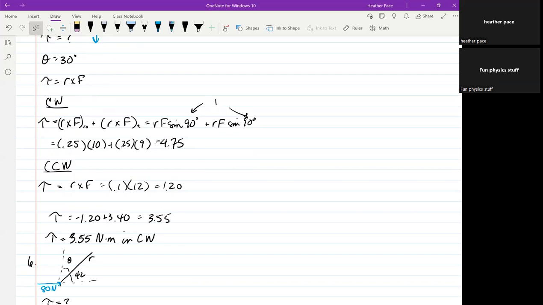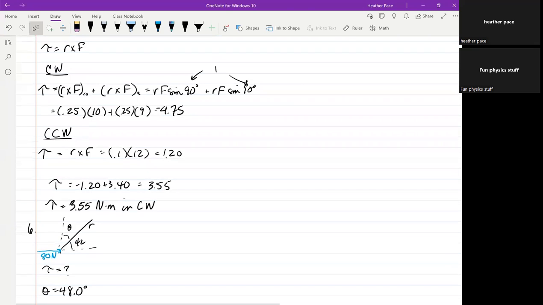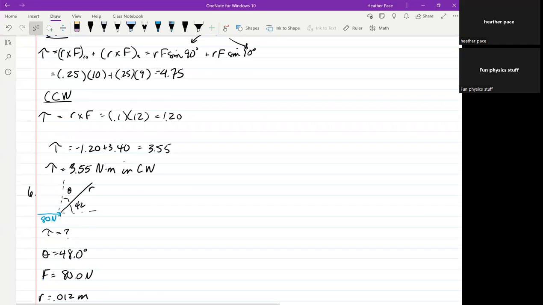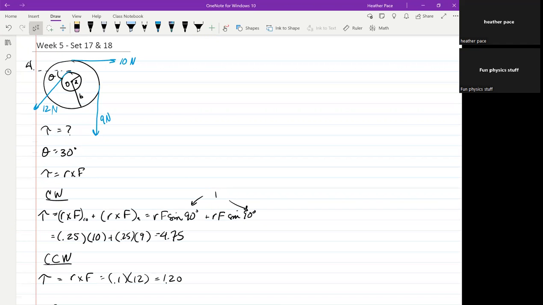All right, now let's figure out what tau is in the counterclockwise direction. This one I really struggled with. I thought, man, did I screw something up? Do I not understand torque? So they give us an angle of 30 in the counterclockwise direction, but that doesn't matter.